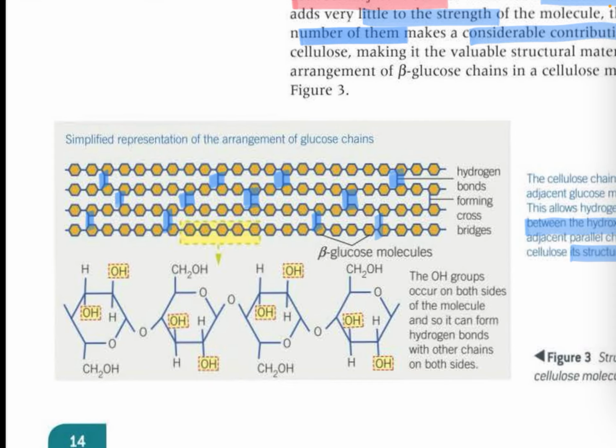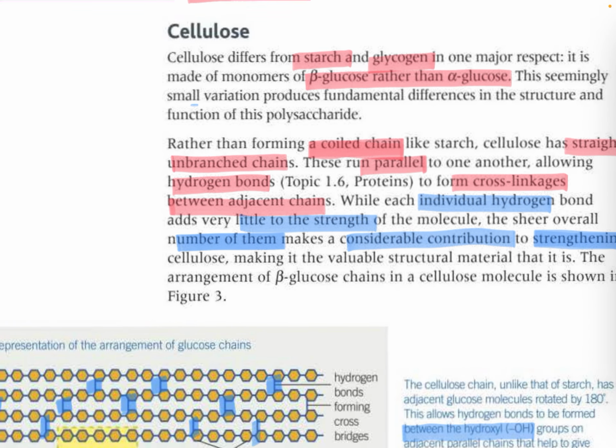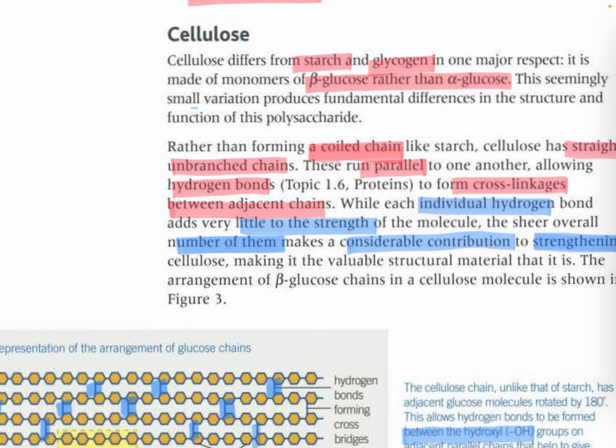Essentially, if we're breaking it down, cellulose is made up of beta-glucose, and the beta-glucose are bound to each other by glycosidic bonds to form unbranched straight chains, as opposed to helix chains. So straight unbranched chains that run parallel to one another, and we have pretty weak hydrogen bonds between the OH groups on adjacent chains.